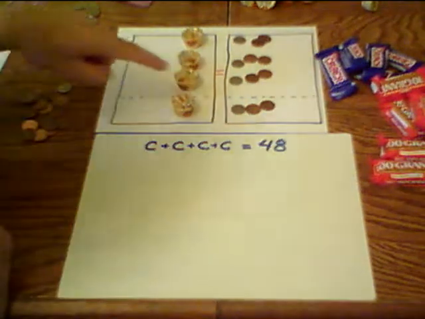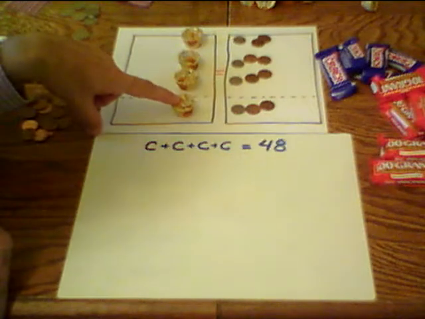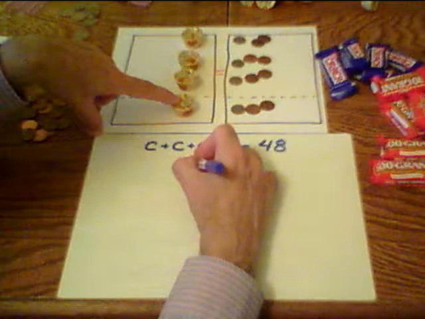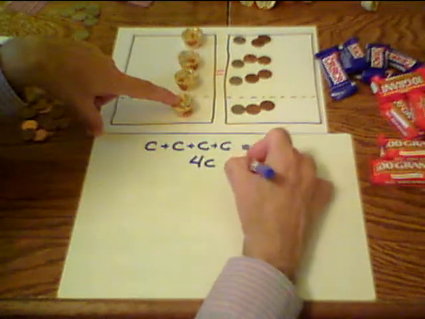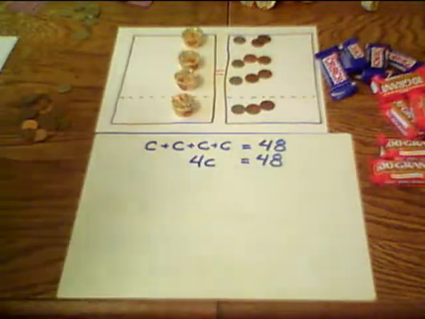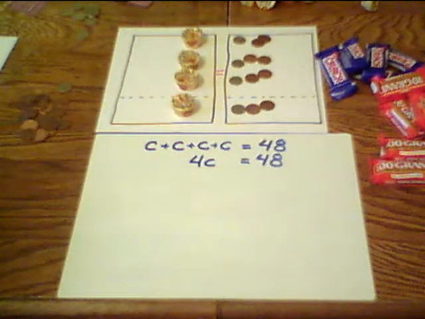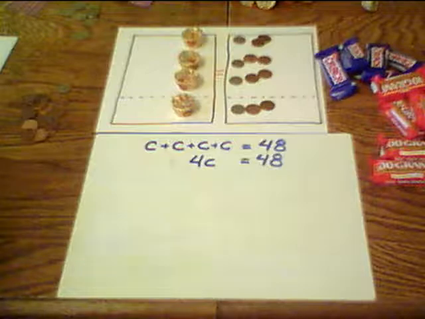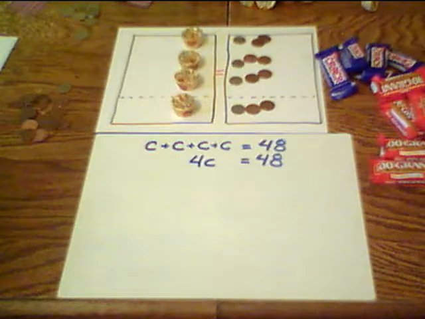I'd say, well, if I know the cost of 1 item, can I multiply that by 4? And of course the answer is yes. So could I write it like this? 4 times the cost of 1 candy bar is the same as 48 cents. Is that true? Okay, so we have 2 ways to write this.